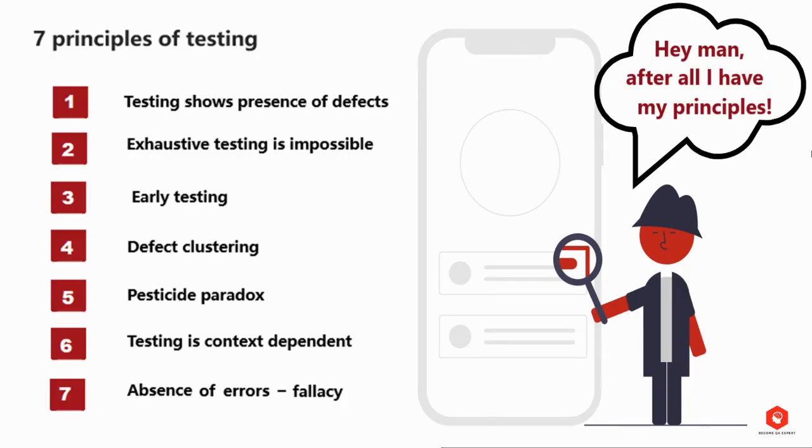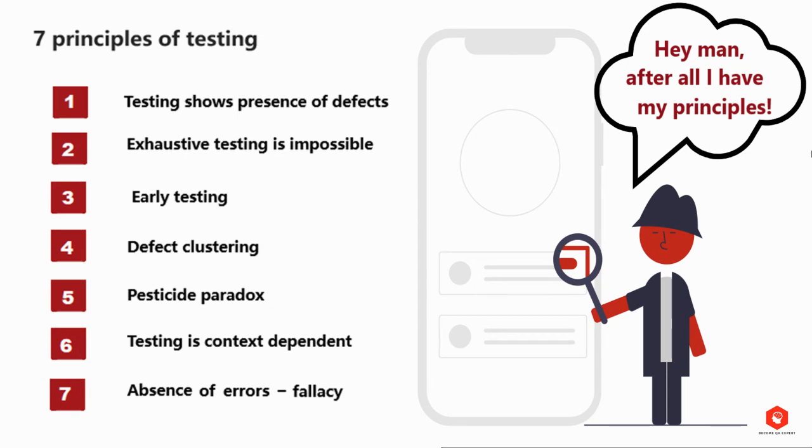These are those 7 principles, but before we start with them, let's just remind ourselves what software testing is, for those who haven't watched our first video. Software testing is defined as an activity to check whether the actual results match the expected results and to ensure that the software system is defect-free.